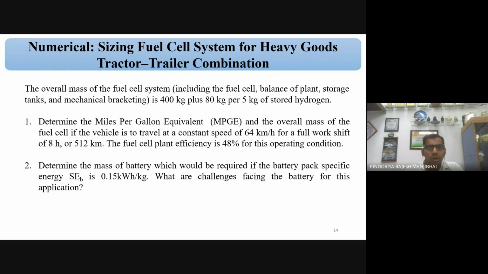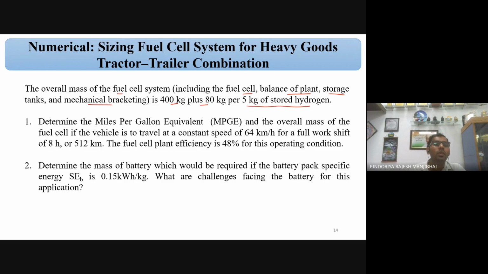So what do we have to find out? The overall mass of the fuel cell system, including the fuel cell, balance of plant, storage tank, and mechanical bracketing, is 400 kilogram plus 80 kilogram per 5 kilogram of stored hydrogen. So this is the tank capacity.